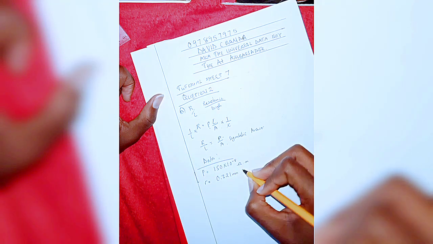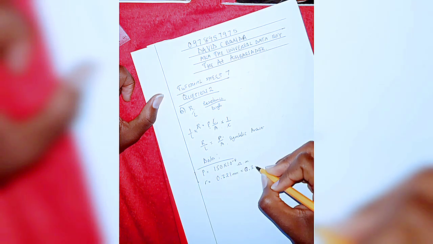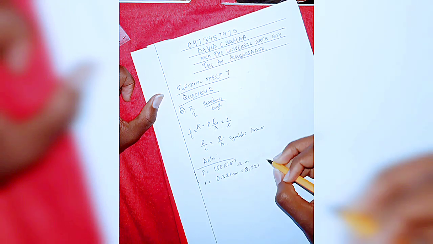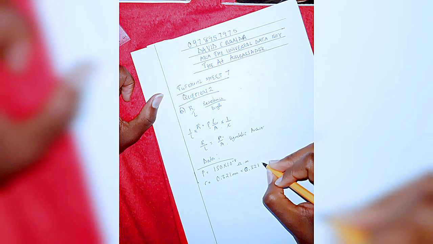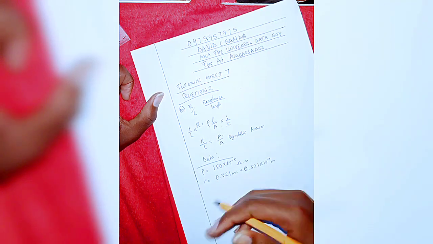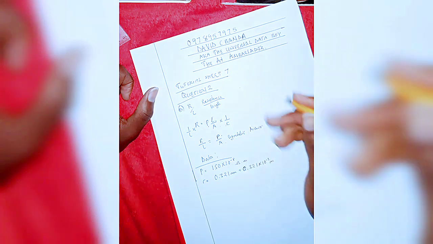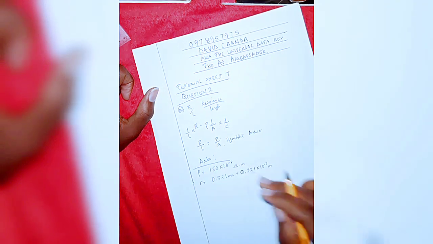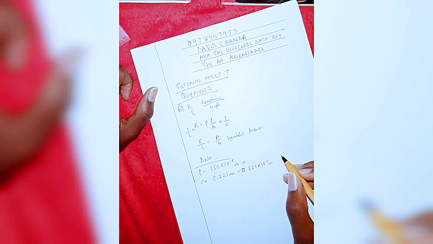So to take it to meters, you must multiply times 10 to the power negative 3 meters, and thus we have converted. We don't have to go to various conversion factors or do anything complex right here. All we have to do is just multiply it with 10 to the power negative 3.